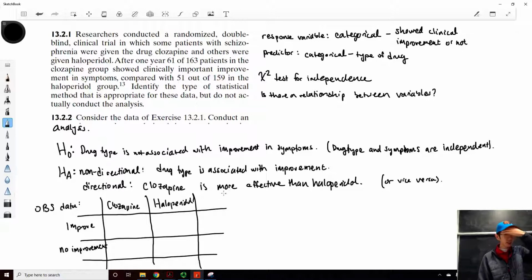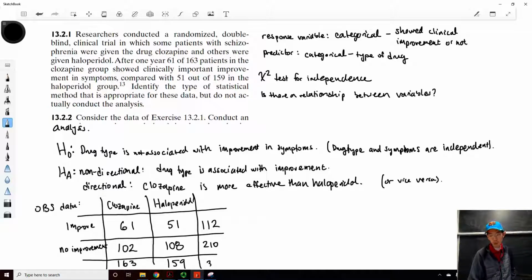Okay, and so we have 163 total in the clozapine group, 61 here, and 102, which means we got a 102 here. Over here I have 159, 51 here, 108 over here. So this row total is 112, this row total is 210, for a grand total of 322.